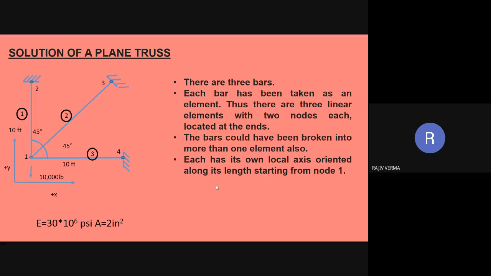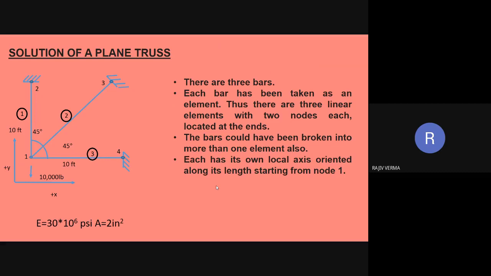So this means that there are going to be three local coordinate frames, one specific to each element. Now the positive direction of each local coordinate frame is from node number 1 to the other node of the same element.